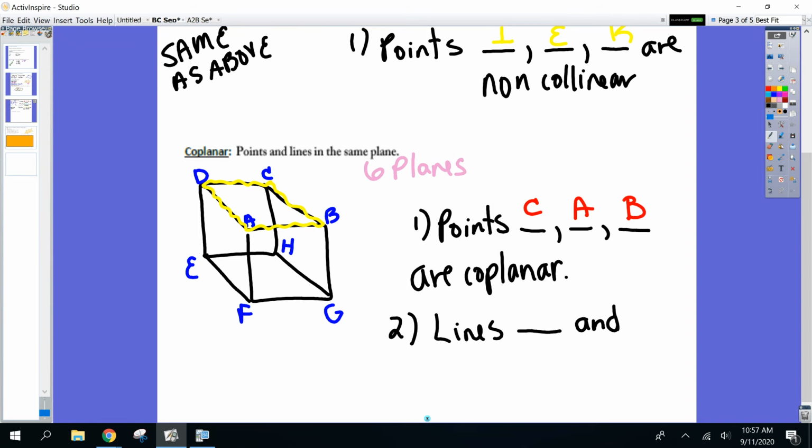Just 2 lines. 2 lines that are coplanar. So 2 lines on the same plane.